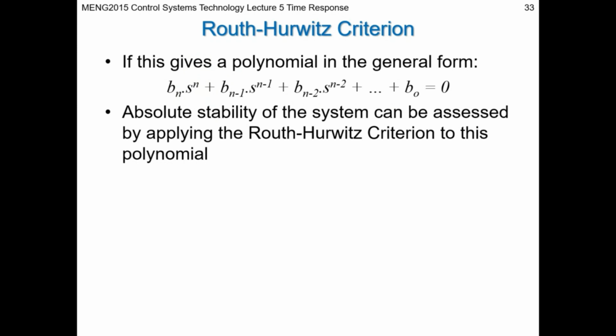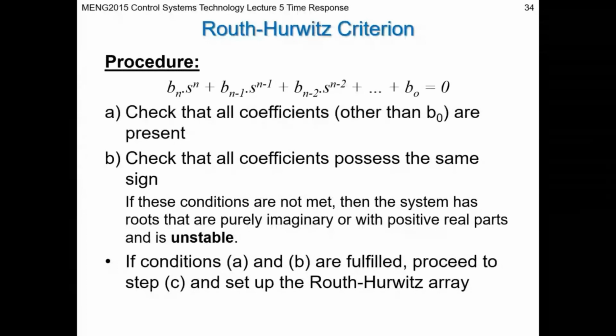So you're going to have a series of different coefficients with reducing powers of s each time, down to a constant at the end, b naught, with no s term, set to 0. So the absolute stability of the system can be assessed by applying the Routh-Hurwitz criterion. So this is the procedure.